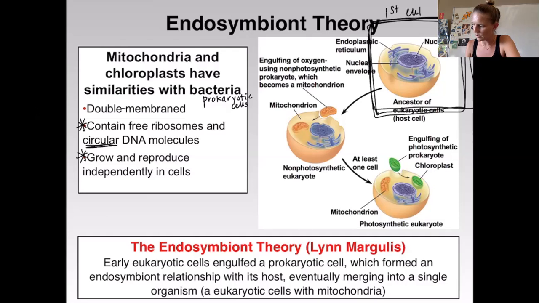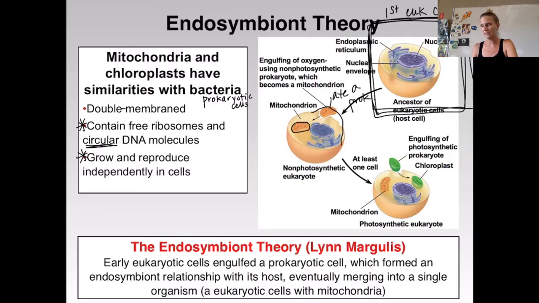And that eukaryotic cell actually ate, or phagocytosed, a prokaryotic cell. It did not eat a mitochondria, right? It ate a prokaryotic cell, which the cell decided to keep around. Instead of digesting it, it's like, wait a minute, this prokaryotic cell can give me energy.